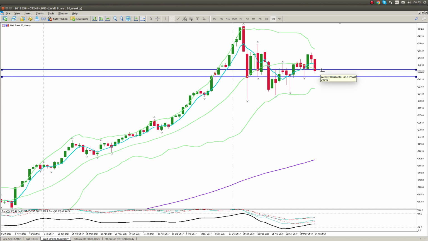So this zone here, you can see how the buyers stepped in here, then they tried to sell out of this zone, and then they tried to buy in this zone again. So obviously this is an area where the bulls and the bears see make or break.